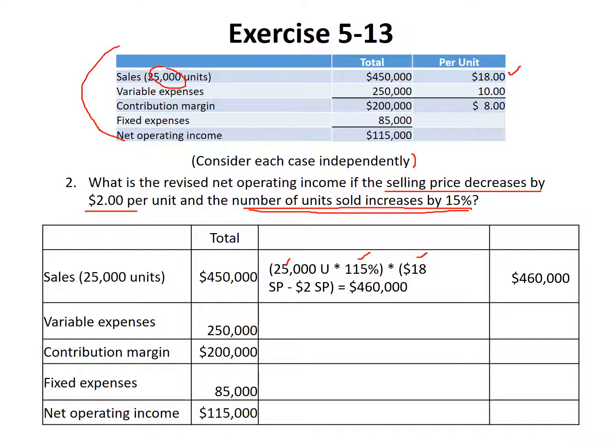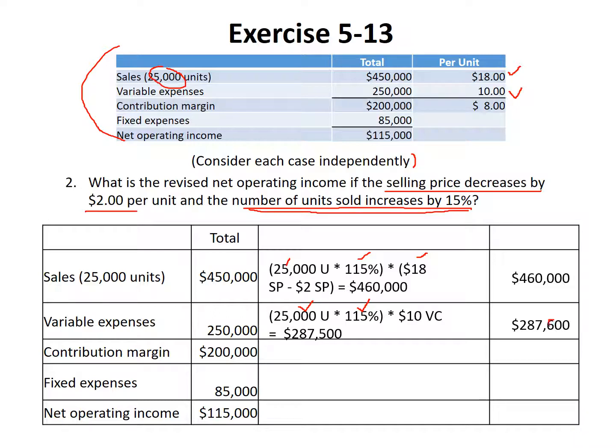Again, since we're having a change in unit volume, we're going to have to account for that change in our variable expenses. So again, we're going to see the 25,000 units times a 15% increase in our units, but there's no change in variable cost, so that's going to remain the same. So it's going to be 25,000 times the increase in the units times our variable cost, which equals 287,500, or 287.5.